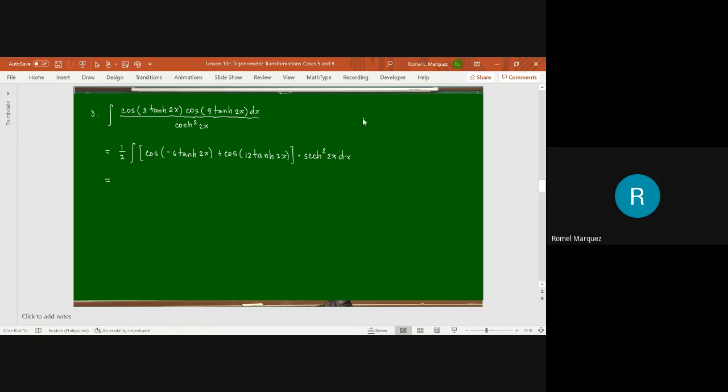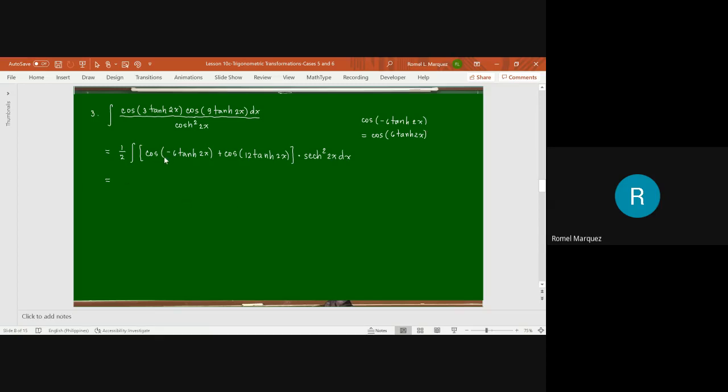But cosine of negative angle, negative 6 hyperbolic tangent of 2x, is equal to cosine of positive 6 hyperbolic tangent 2x. Remember, cosine of negative theta is cosine of positive.